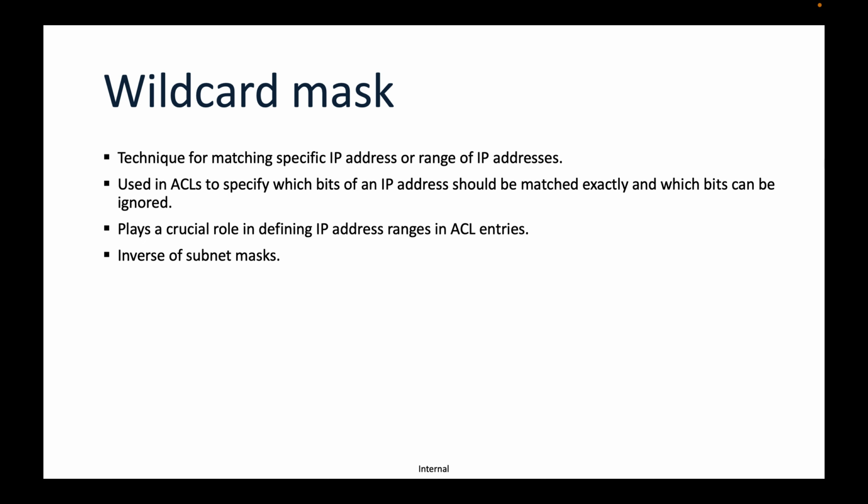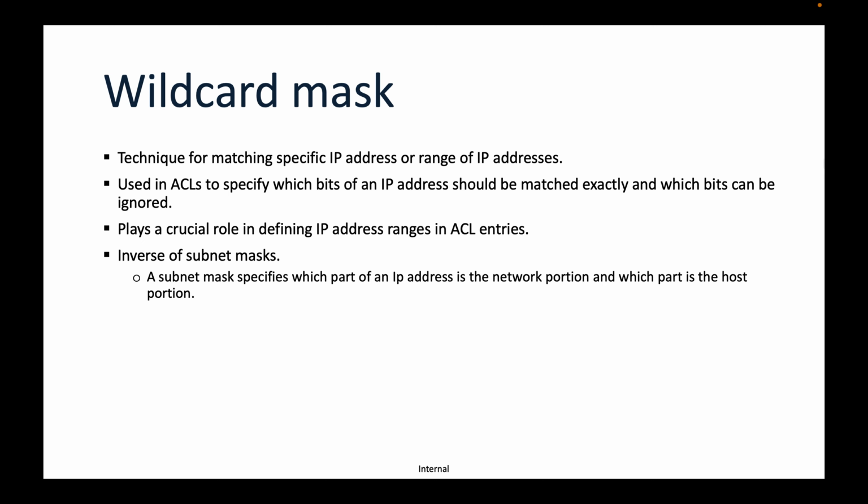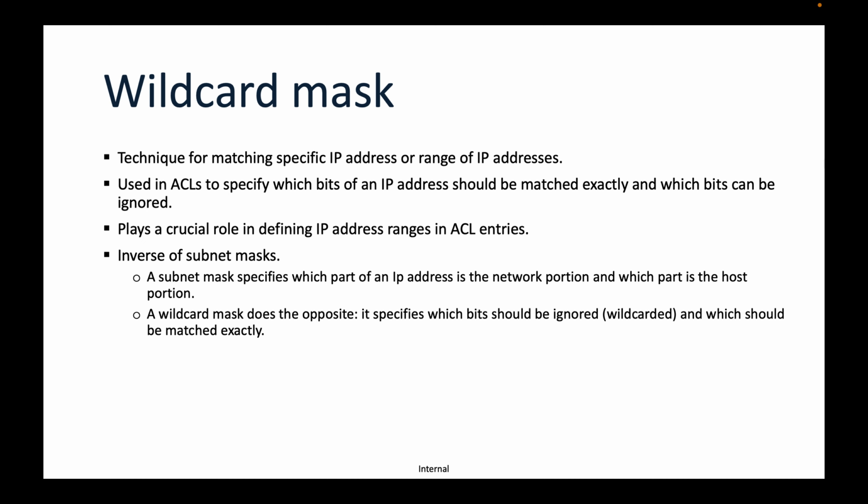Actually, the wildcard mask is the inverse of the subnet mask. When I say inverse, a subnet mask specifies which part of an IP address is the network portion and which part is the host portion. Similarly, a wildcard mask does the opposite. It specifies which bits should be ignored, that is, wildcarded, and which bits should be matched exactly.